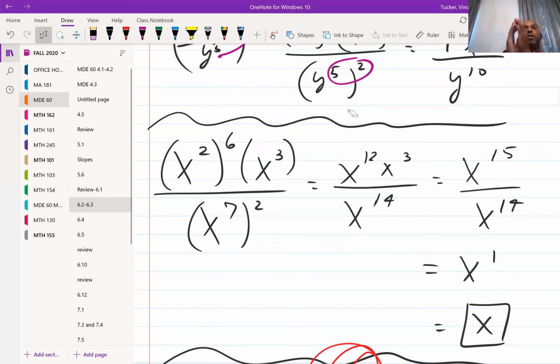And that'll be x to the 1st power, which is just x. Any questions?